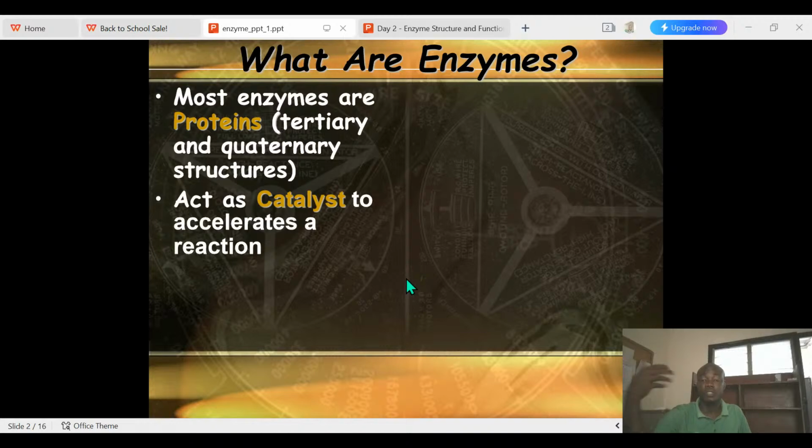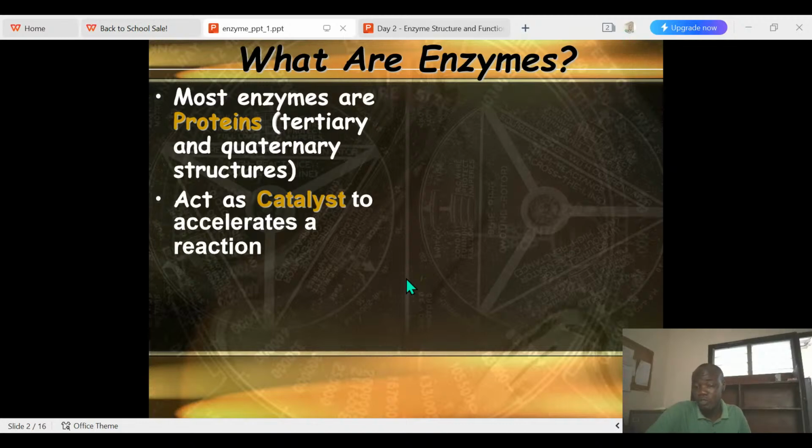When we say they speed the rate of the reaction, there are some reactions in our body that without enzymes can take hours, or even years. Assume you eat carbohydrate foods and that carbohydrate is digested only after 2 or 3 days.